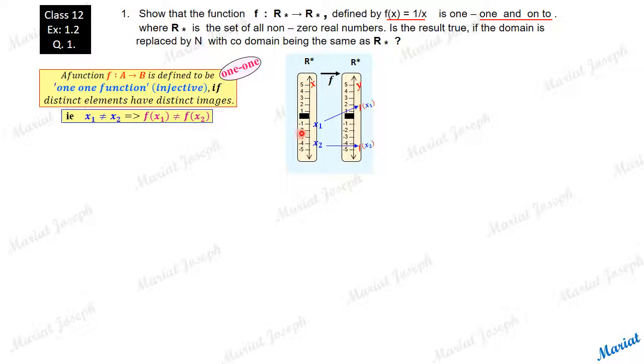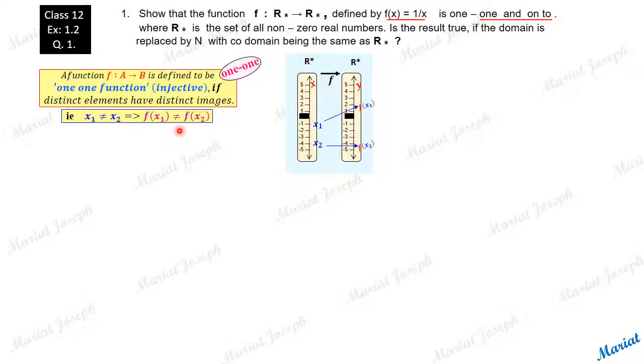Whenever x1 and x2 are two unequal elements of the domain, it should imply that their images are also unequal. Distinct elements should have distinct images. Such a function is called a one-one function.